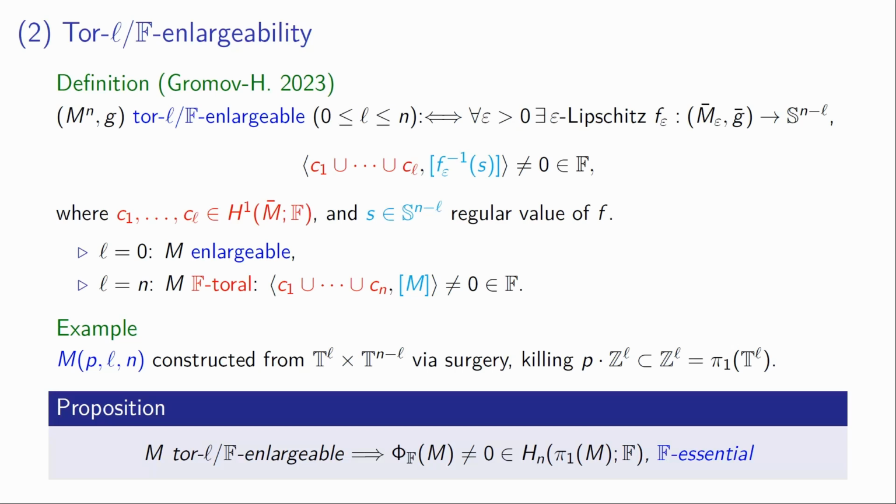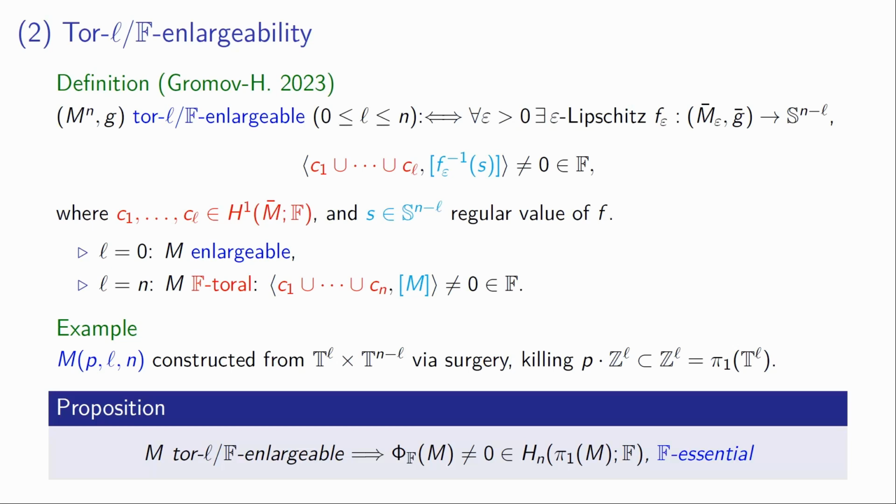And now we combine the enlargeability property with this torality property and more or less rewrite the previous definition. The only thing is that the mapping degree of F epsilon from the previous slide is replaced by something we might call toral or L-toral mapping degree.